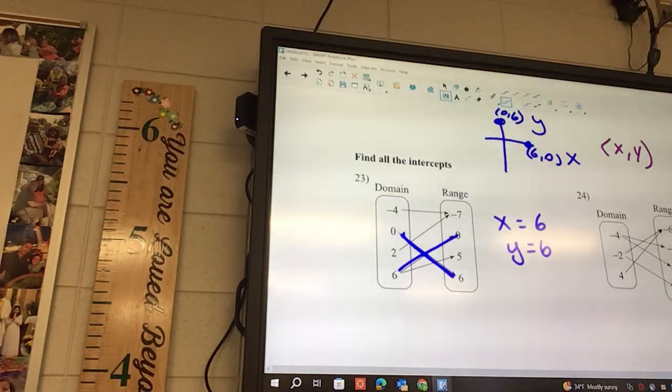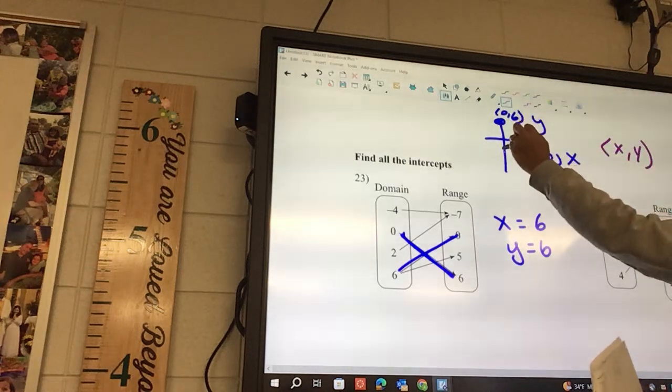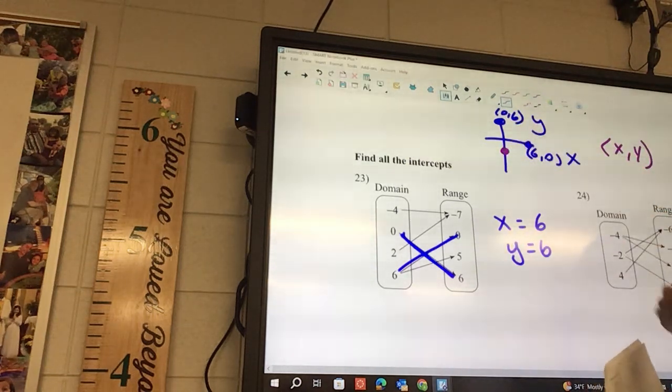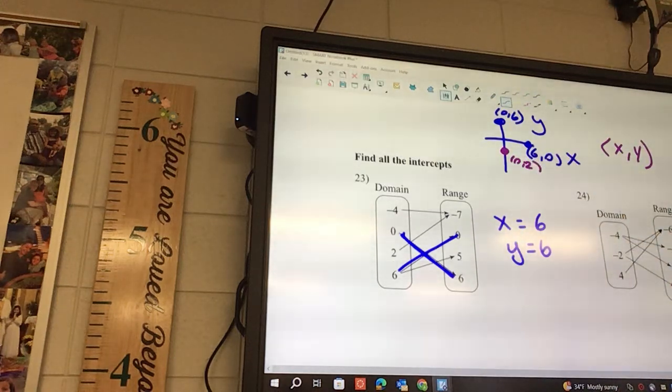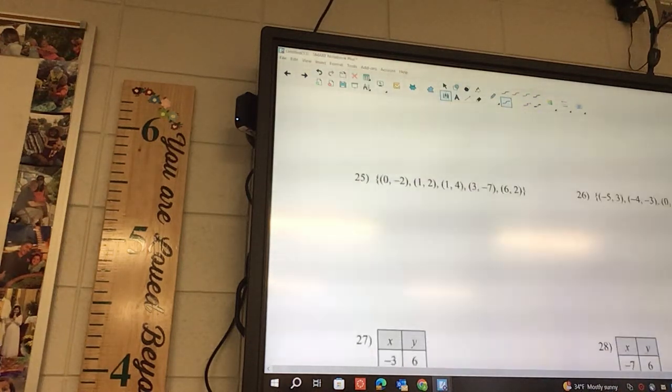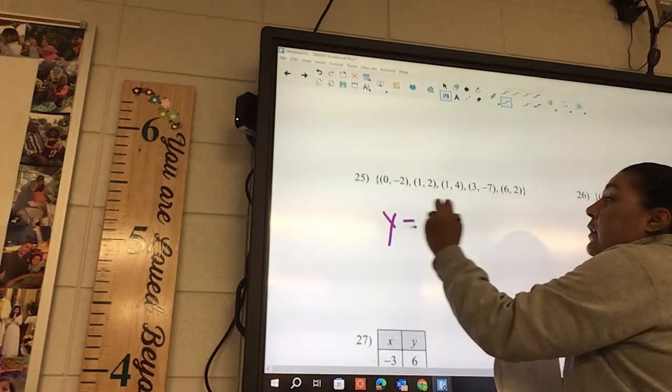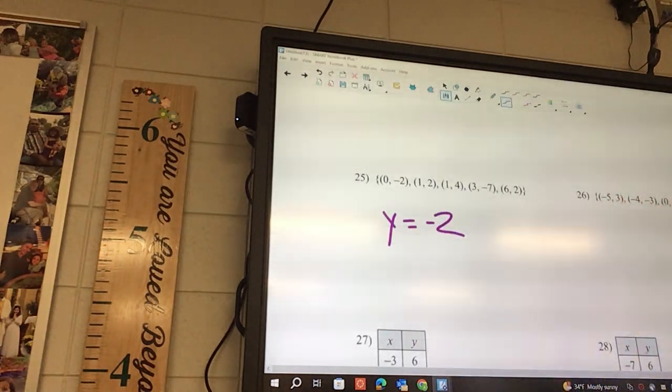We go left and right, and then we go up and down. So 0 means we go left and right none, and then 2. So is this on the x line or the y line? That's a y-intercept. So you're going to say y equals -2. When the x is 0, that's a y-intercept. When the y is 0, it's an x-intercept.